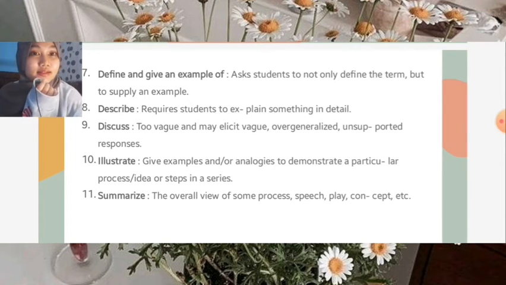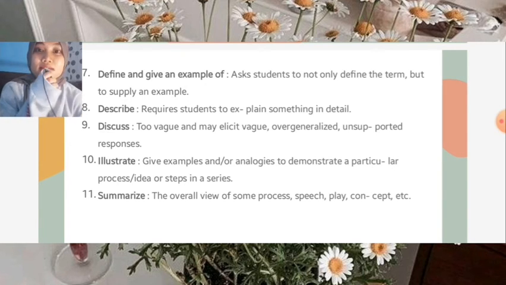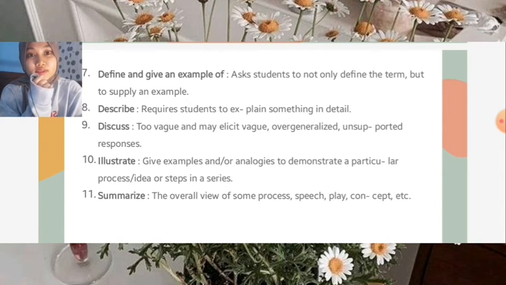The next is describe. Describe requires students to explain something in detail. And the next, discuss. It is meant to focus the response, not a generalized, unsupported response. The next, illustrate.